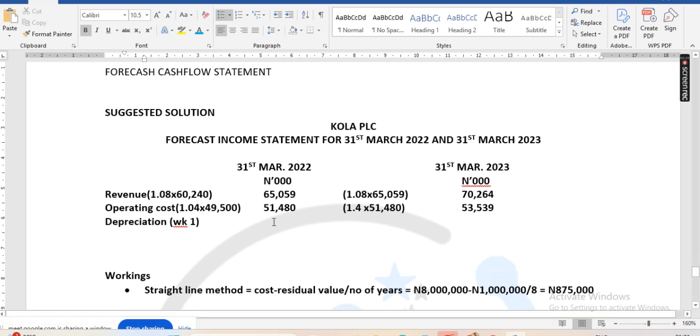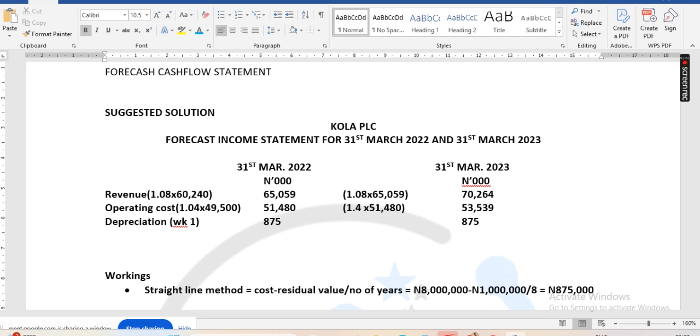So depreciation, straight line, is 875. That is the straight line method, right? Now in 2023, they purchased a new asset, and it will be based on straight line as well.